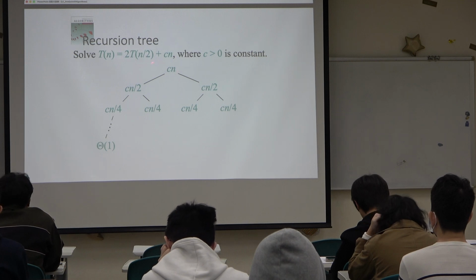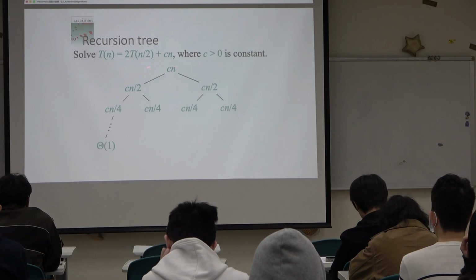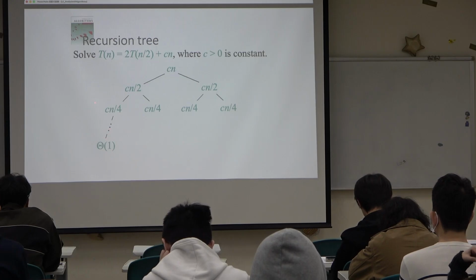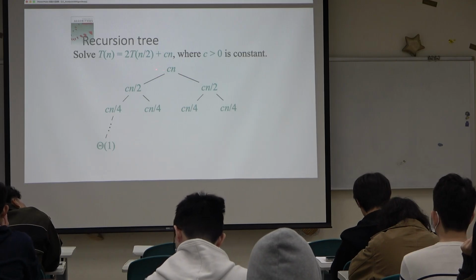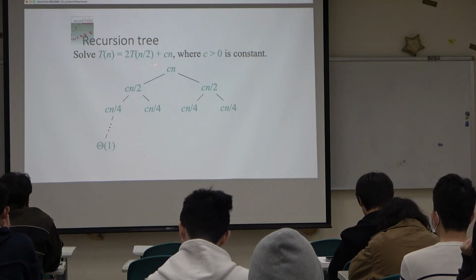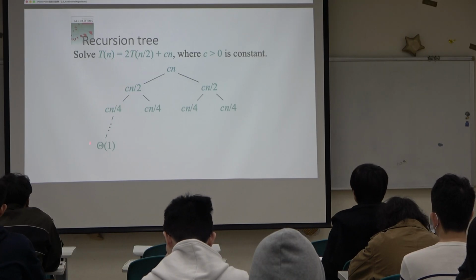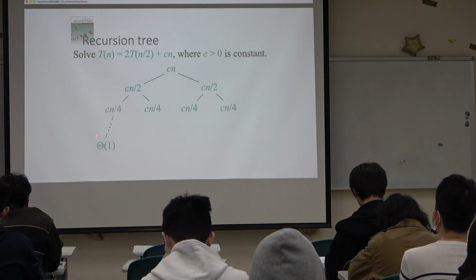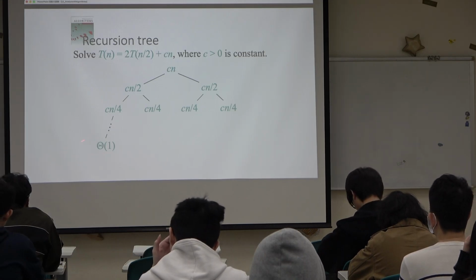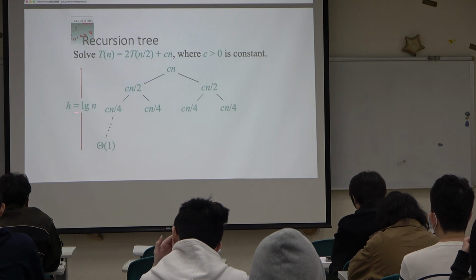Because each time you go down by one level, you divide n by 2. So T(n) becomes T(n/2), T(n/4), T(n/8), and so on. So to reach theta 1, the number of levels should be log n, right?